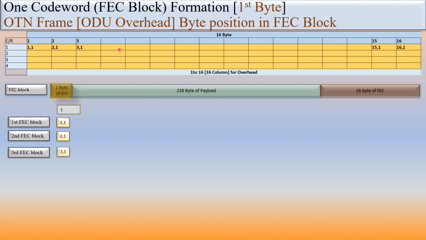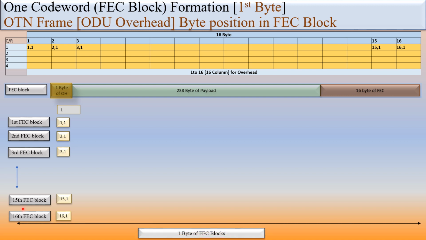In the same way fourth, fifth, sixth FEC block, and for the 15th FEC block, the byte from the overhead is this 15 1. And in the 16th FEC block, you can see 16 1. In the next slide, we will discuss the position of 238 bytes of payload in the same 16 blocks.